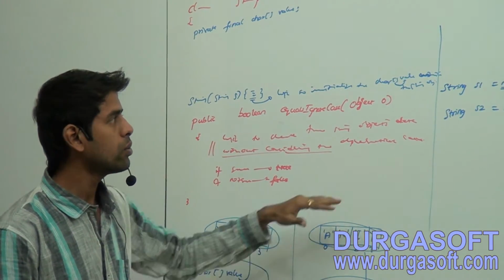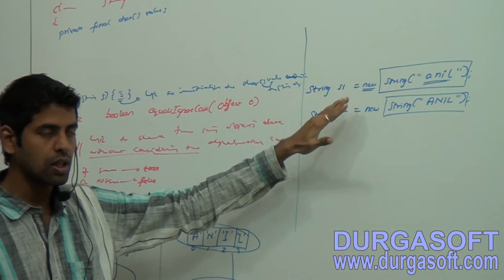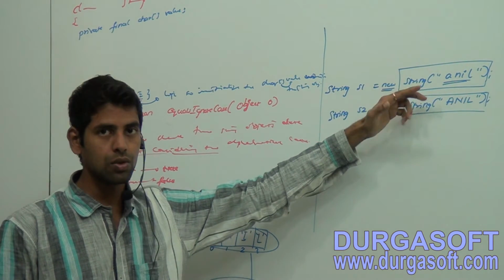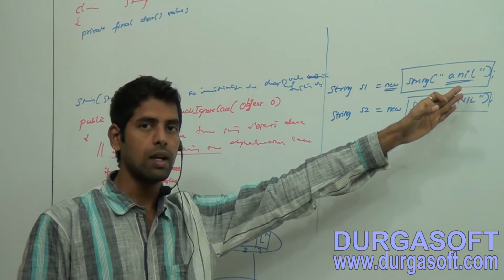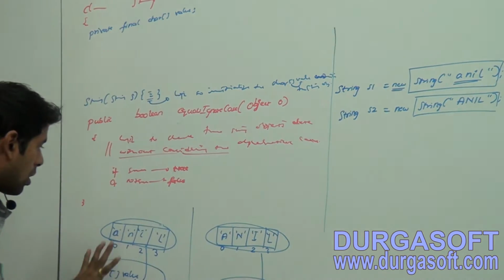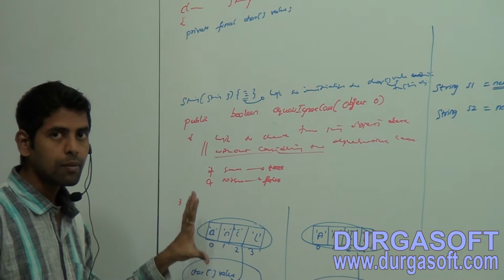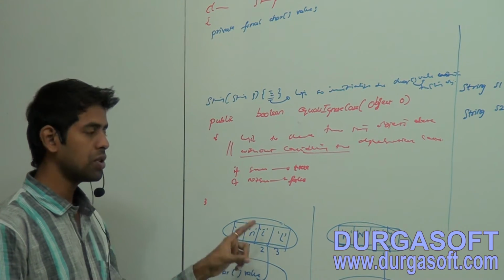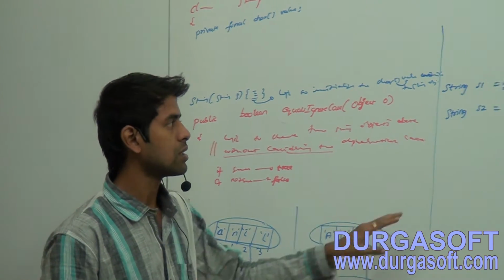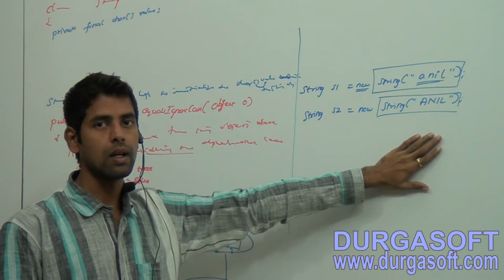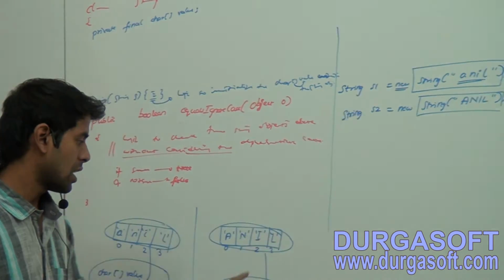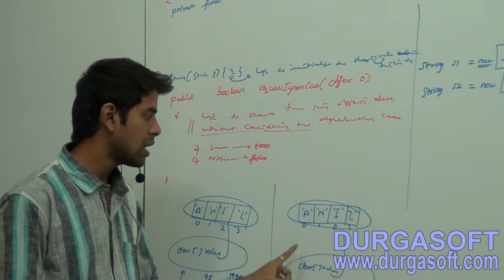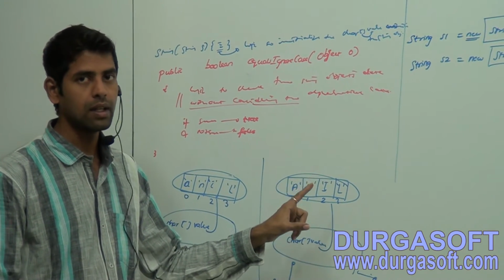Now I am creating two string objects. Because of String s1 equals new String with some string literal, this object will get created in memory by our JVM. JVM will do all of these things in memory. Now once again String s2 equals new String, and the same object will be created with different data.